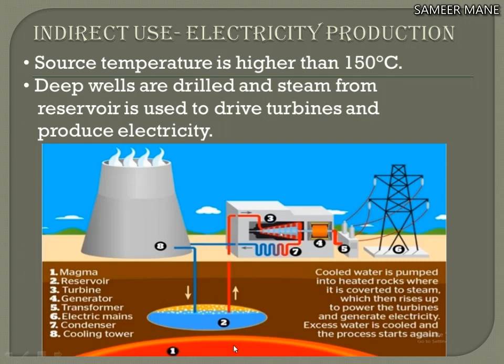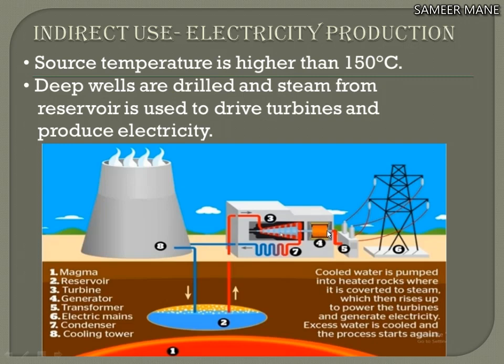The lower layer is magma. Above the magma there is a water pocket, known as the reservoir. Due to this magma, the water gets heated and transformed into steam. Then this steam is drilled out onto the earth's surface and sent towards the turbine. With this steam, the turbine will rotate, and with the rotation of the turbine, the generator will also rotate.